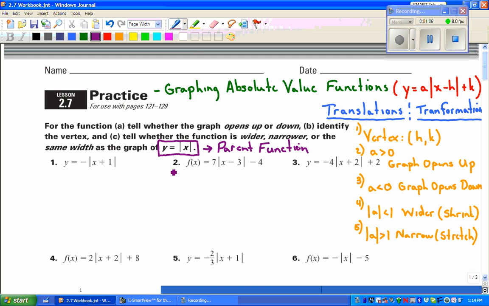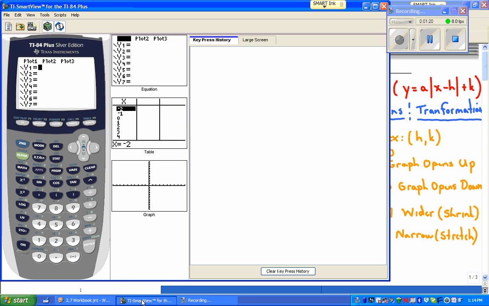So what I'd like to do first is take a look at this on the calculator and see what it looks like. That way, we know exactly how these things over here are going to affect the parent function, okay? So when graphing absolute value functions, you're going to have to go to this math button right here, click over to number, and find the absolute value.